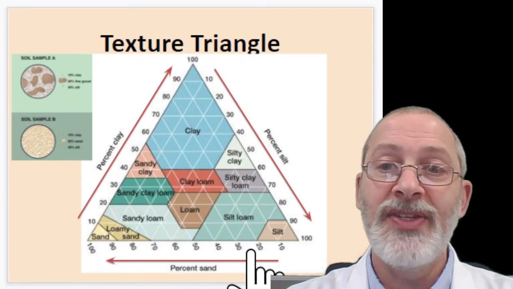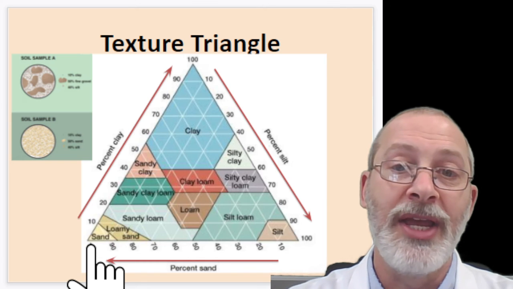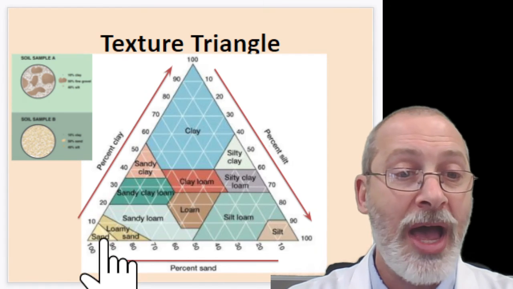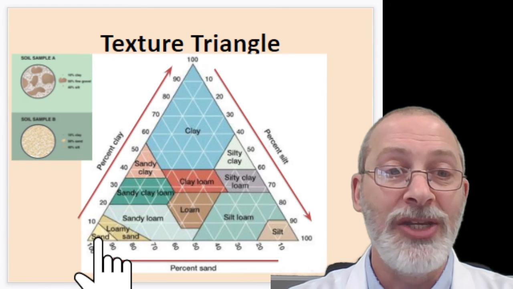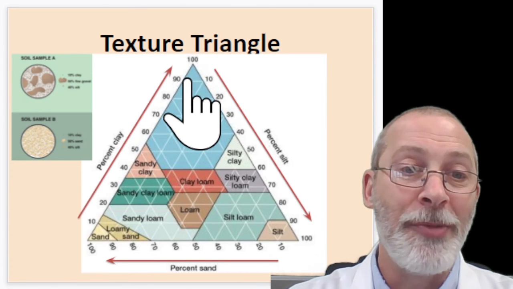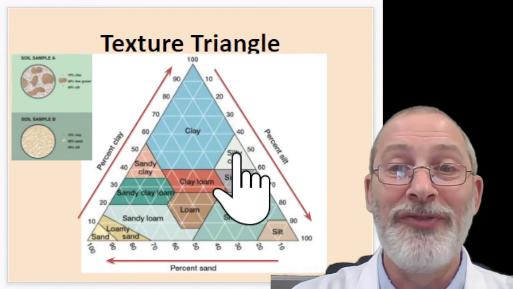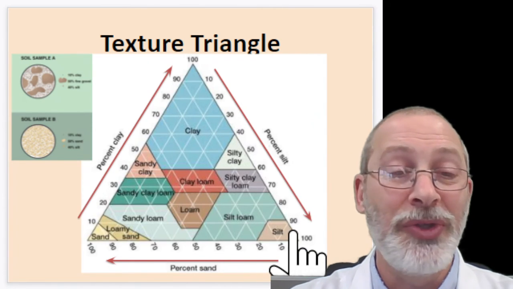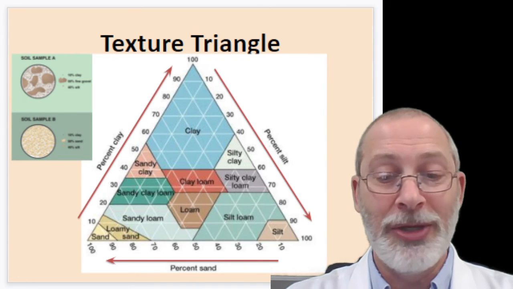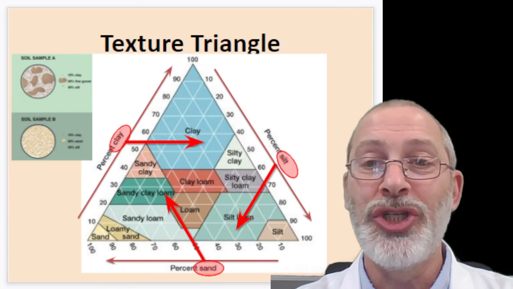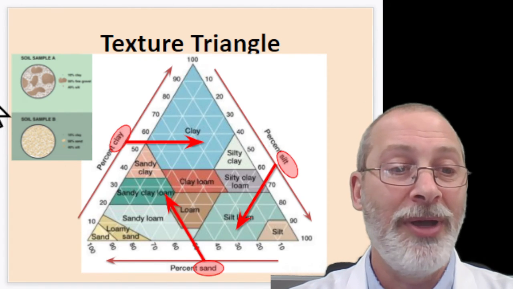And then the percent sand goes from 0 on the right to 100% on the left, which is why if your soil type is way over here, you've got a sandy soil. If you've got 100% clay, you've got a clayey soil. And if you've got a lot of silt, you've got a silty soil. Notice this colorful triangle, because based on the percentage of each, we have a different type of soil.